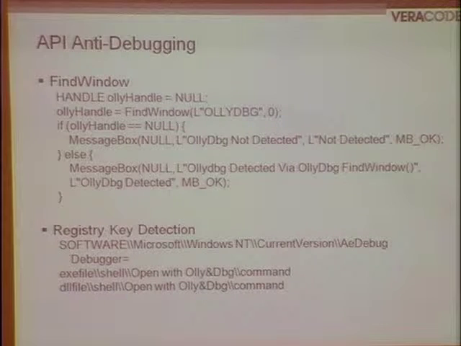We just iterate through all the processes in memory, detect using the find window method. We can actually detect which ones have OllyDebug. WinDebug, I forget what the full string is, but it's something about WinDebug something. And Visual Studio has a default string as well. So we can just use this call to iterate through all the processes and look for a window. Pretty straightforward. It's called WinDebug frame class. That's what WinDebug is going to be called.